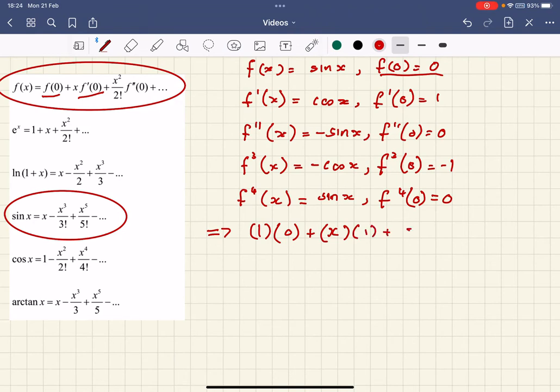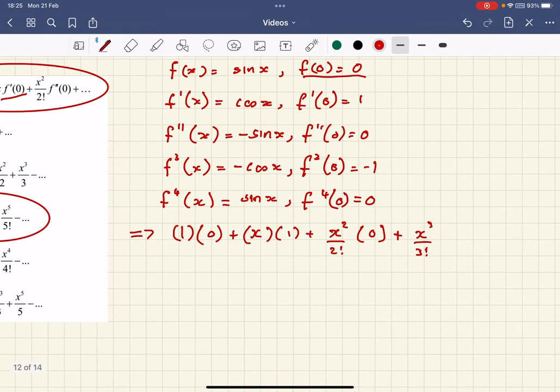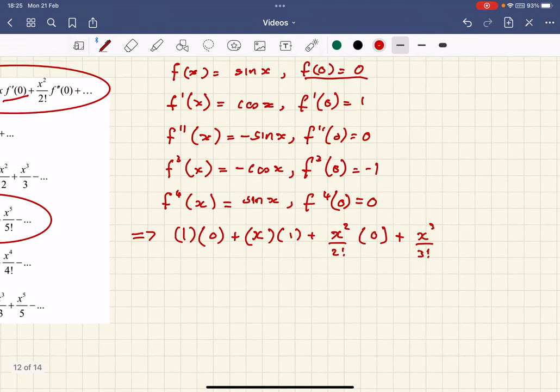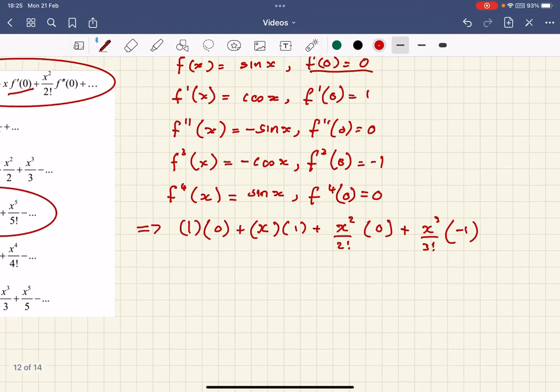And then we have x squared over 2 factorial, and we times it by the f''(0). And we just keep going with that pattern. So the next one is x cubed divided by 3 factorial, and this is times by negative 1 because we're looking for the 3, and so on.